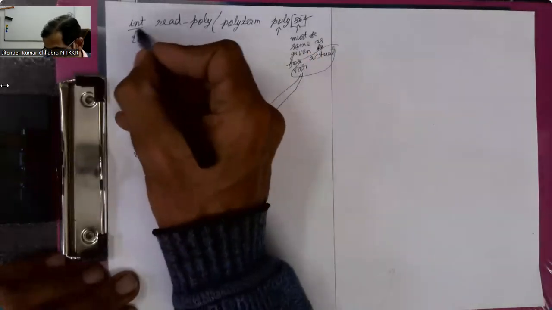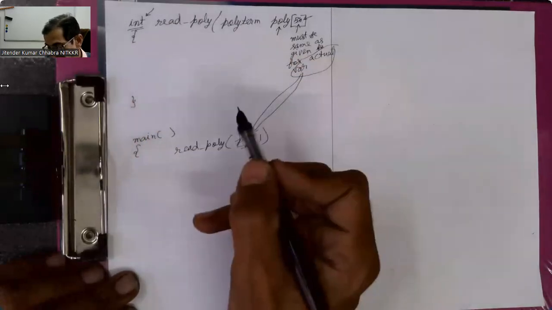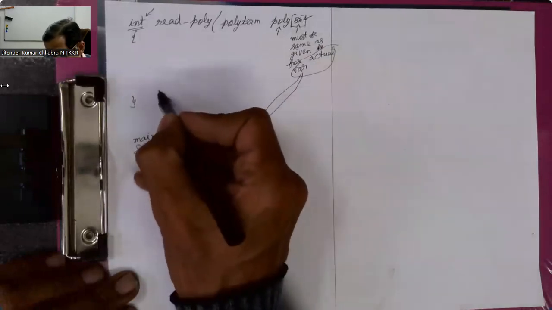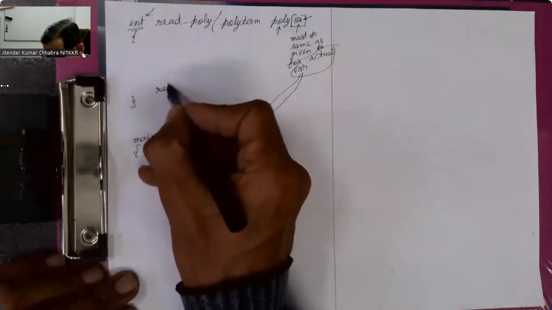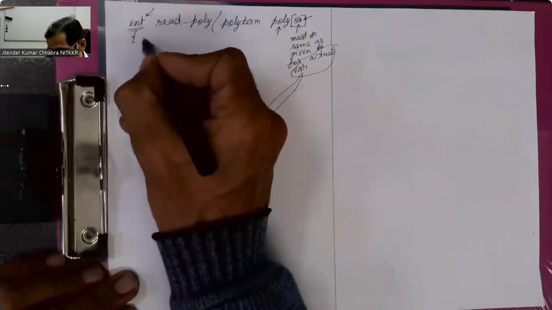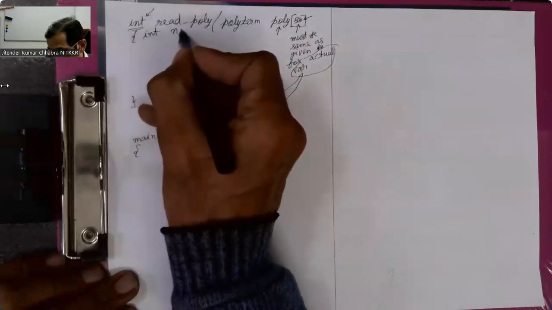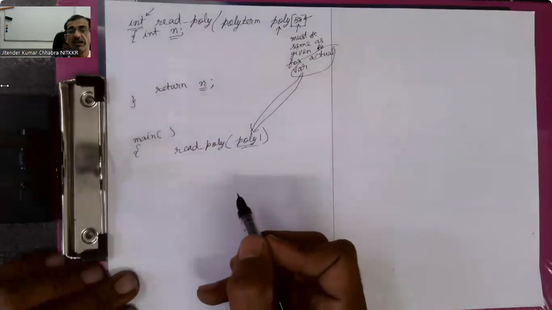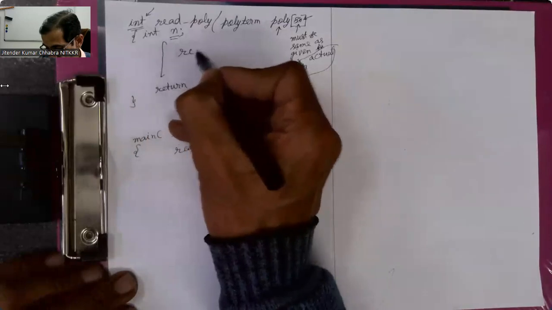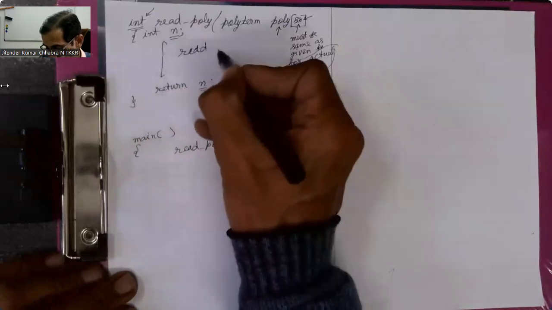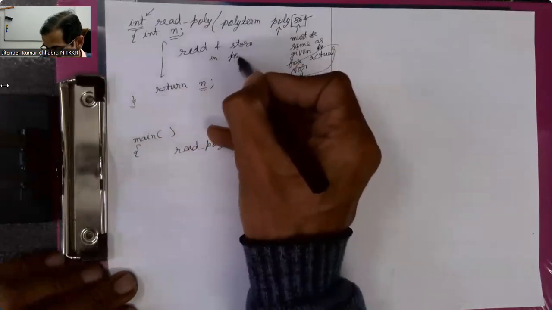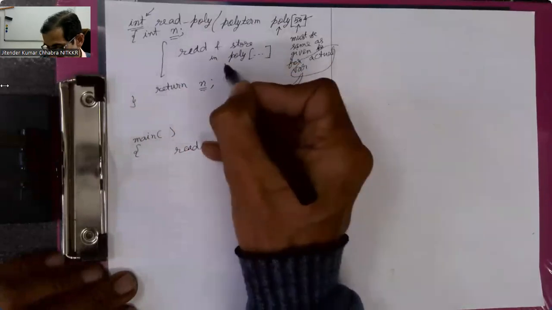But by writing this, as soon as I wrote int, it means I'm going to have a return type. What value? Maybe total number of terms read. So that will definitely mean my last statement must be returning an integer. So I must take some variable, let's say named n, and the same is being returned. The rest of the logic is now to read your polynomial and store it into the variable poly somewhere.